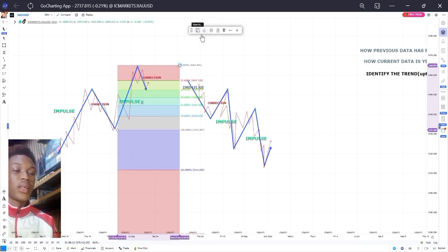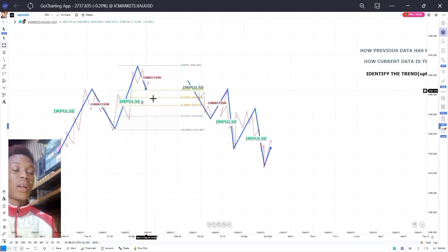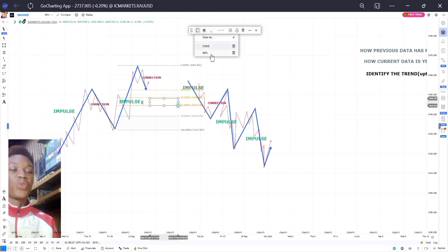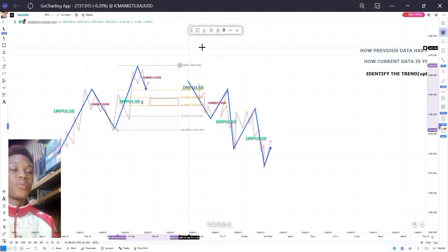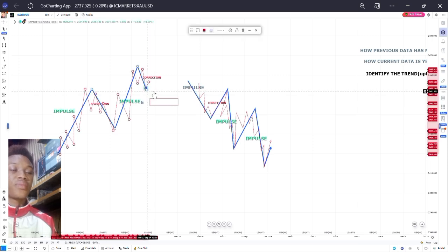So after taking out my fib2, first of all, I'll mark out this zone as my 50 to 61% level that I'm anticipating that price is going to get to before I see that impulsive move that is going to take price to the upside, guys.